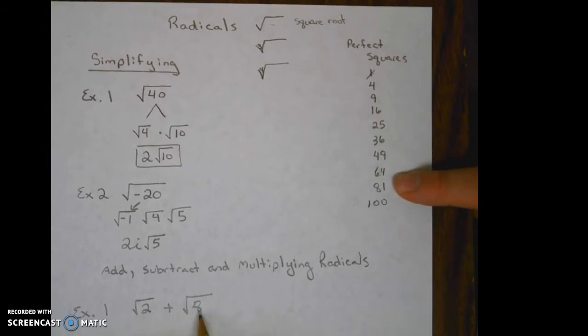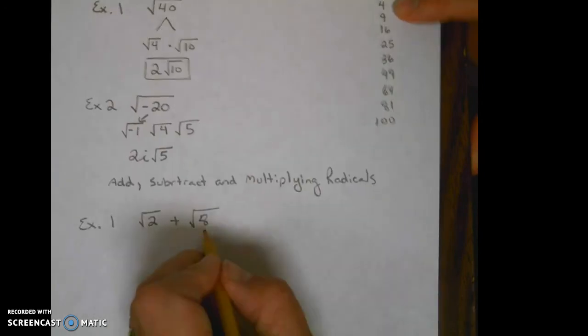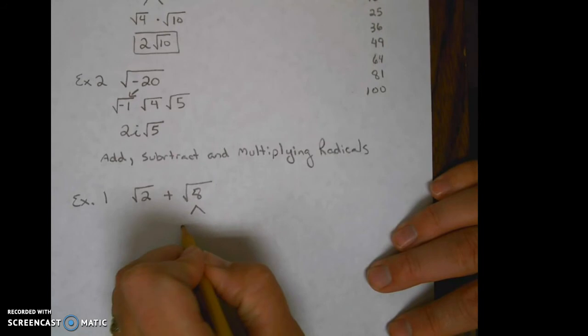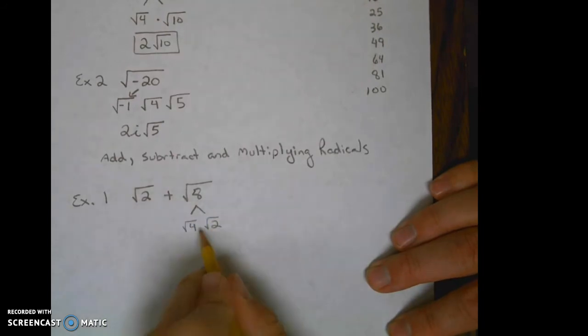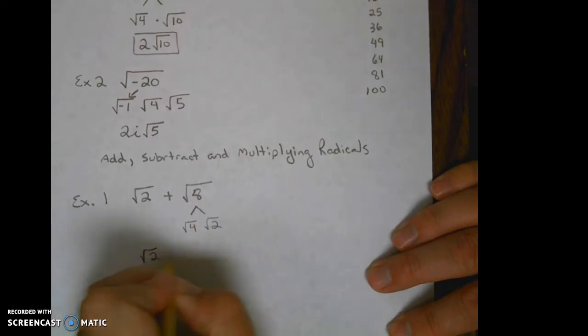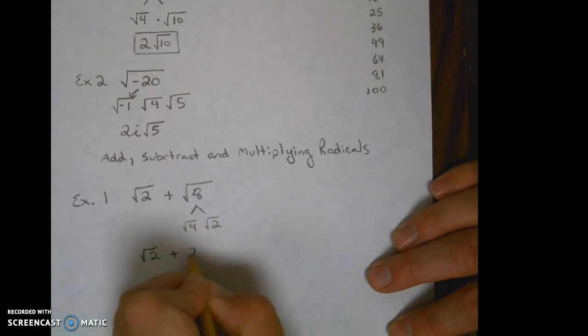No. Square root of 8, 4. So we can break this one down to its factors of the square root of 4 and the square root of 2. 4 times 2 is 8. So then we would have the square root of 2 plus 2 square roots of 2.